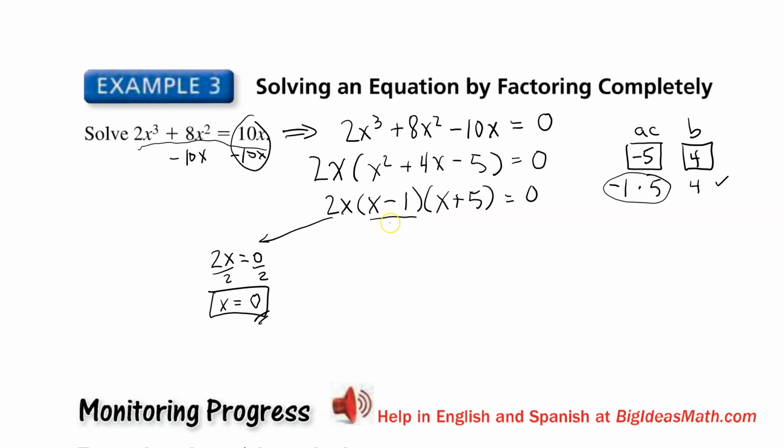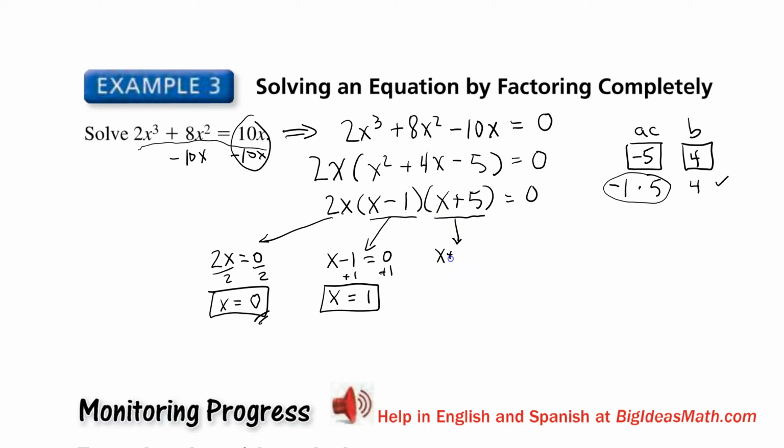The next thing I want to do is take x minus 1 and do the same thing. Set it equal to 0. So x minus 1 is equal to 0. Add 1 to both sides, and x is equal to 0 plus 1, which is 1. X plus 5, I'm going to take that factor and set it equal to 0.